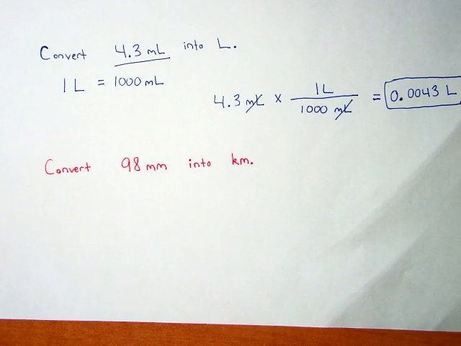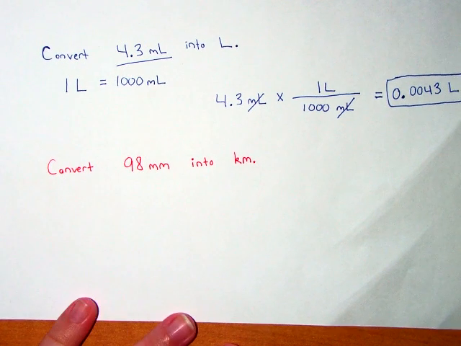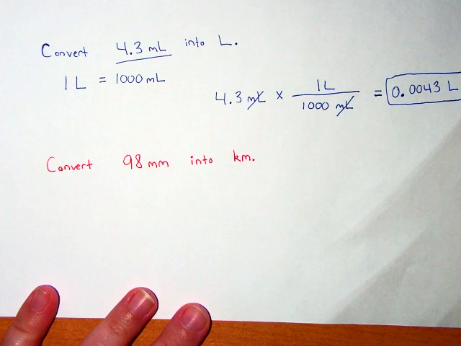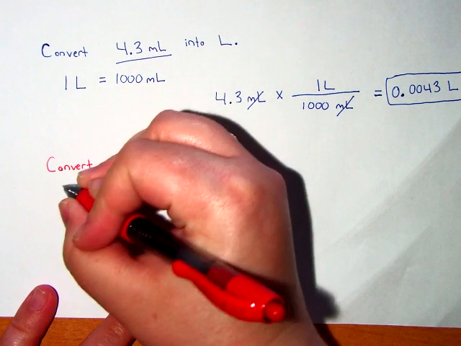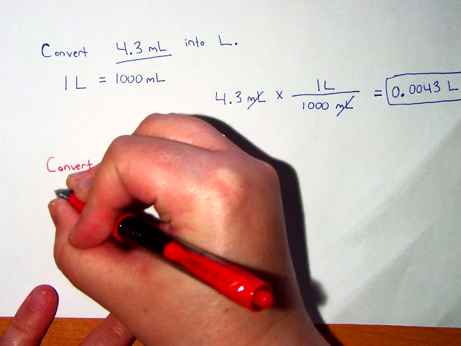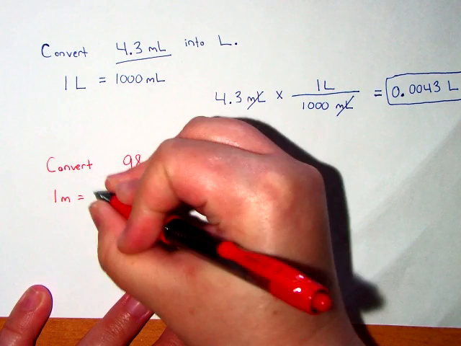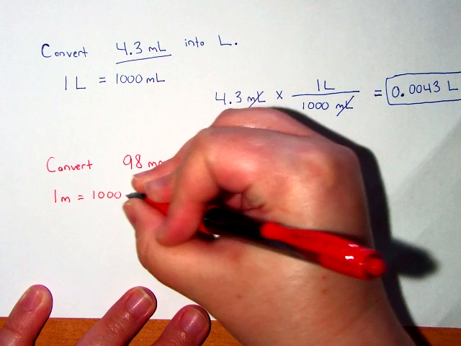Alright, let's look at another problem. Convert 98 millimeters into kilometers. Okay, this one's a little bit tricky. So, I know that 1 meter is equal to 1,000 millimeters.